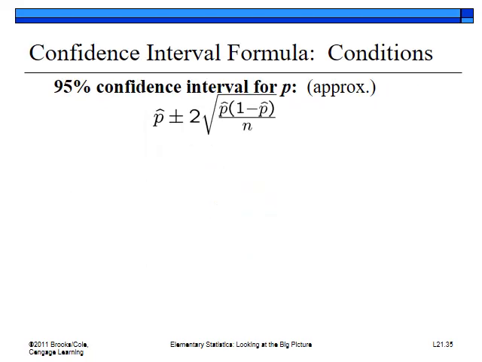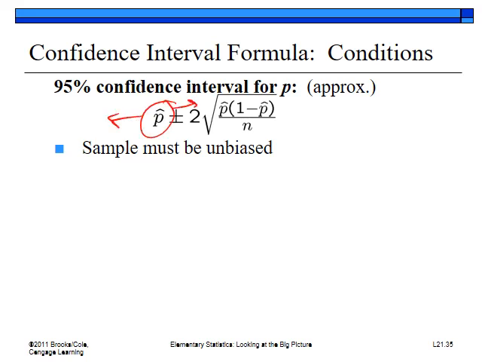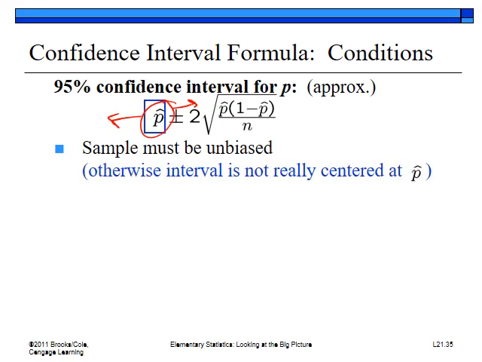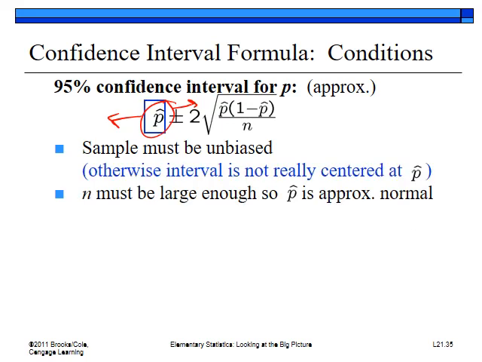Now, under what conditions will this formula work for the 95% confidence interval? Well, we need a few things. First, the sample has to be unbiased, because if the sample is biased, it's going to pull P hat in one direction or the other, and that's going to throw off our interval. Next, N has to be big enough so that P hat is approximately normal.